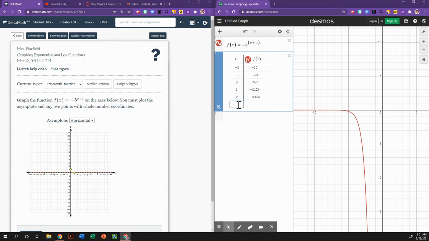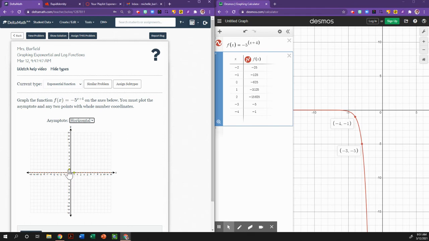So I'm going to try -3. All right, that looks good. I'm going to try -2. Not -2, I'm sorry. I'm going to try -4. All right, now you can see how I now have two nice simple points that I can duplicate over here.